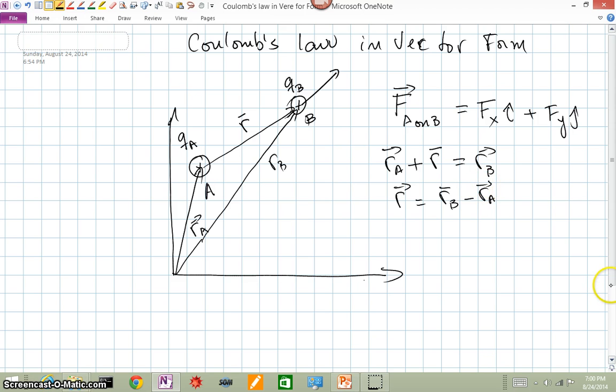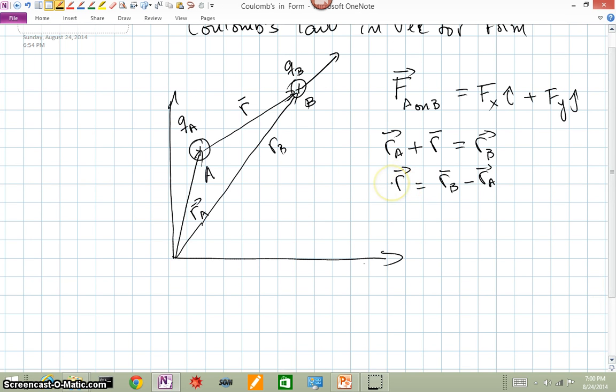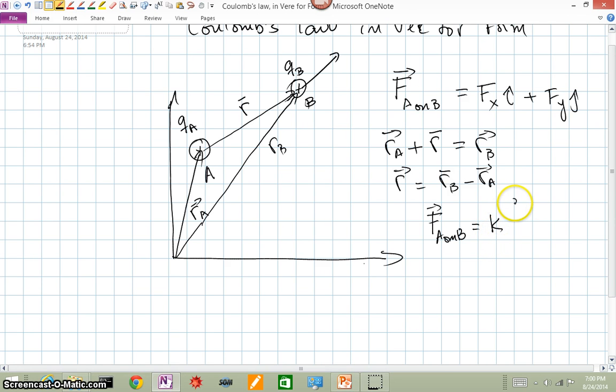So now that we know what this R is, we can write this force, and after that we'll break it into components. So let's start writing that force. F of A on B is equal to K, that constant, remember, QA QB, divided by the magnitude of this vector squared, times a unit vector in this direction.